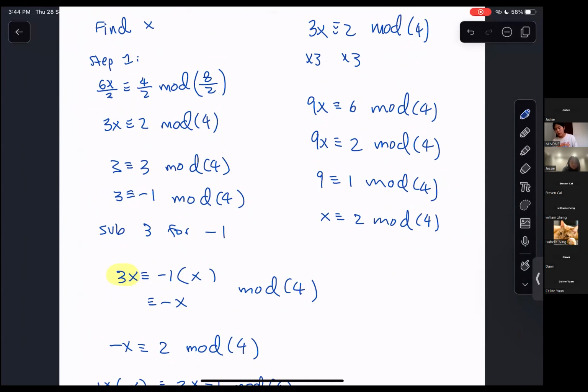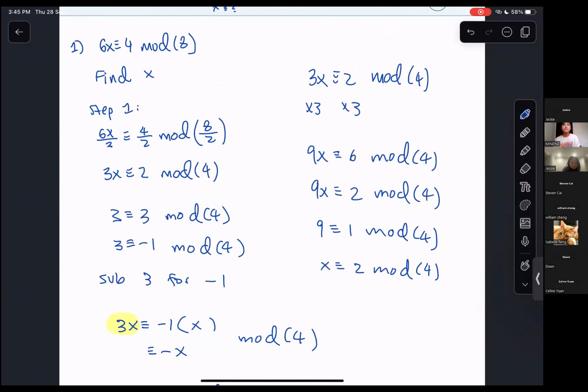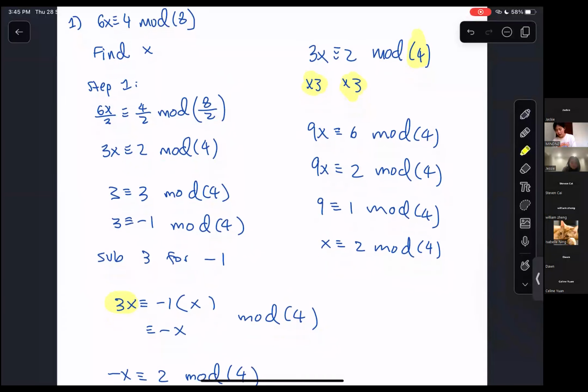Whereas the second way we do it, as long as the coefficient, or in this case 3, is co-prime with the modulo system, you can always basically do it. You can find a number where you can times both sides by that number and it results in just 1. Right? This is the coefficient of 1.